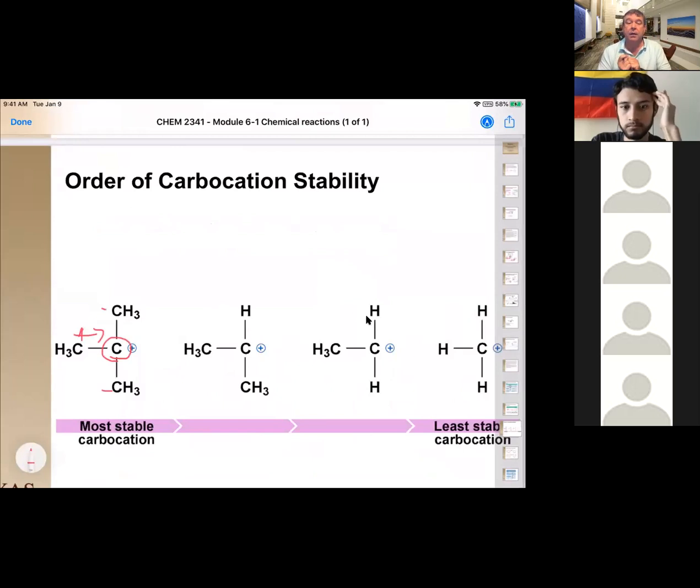So we have 3 sigma bonds that can donate electron density to stabilize that charge. If we only have 2, we only have 2 sigma bonds that carbons can donate through.